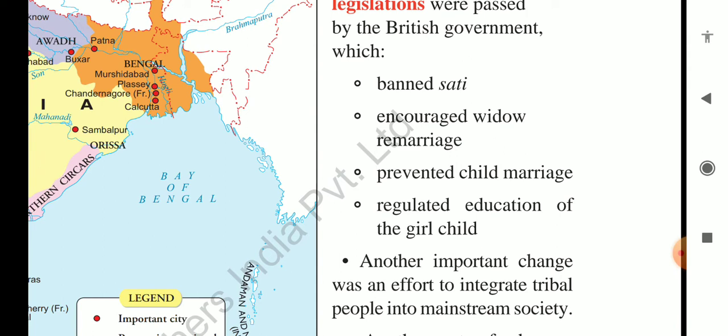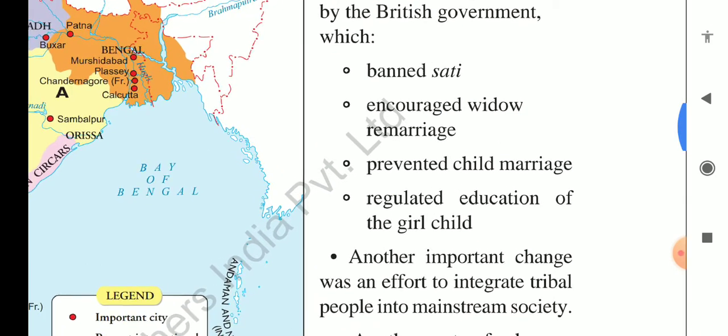Because in society, women were not seen in a good way if they became widows. She was seen as a symbol of unluckiness.